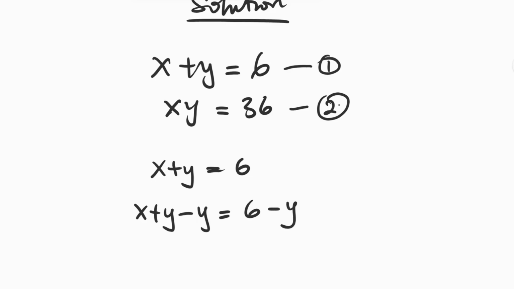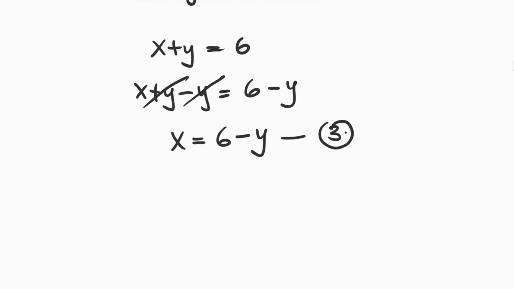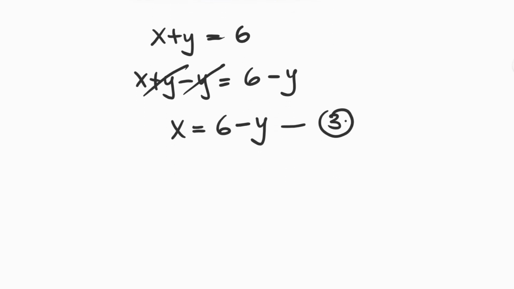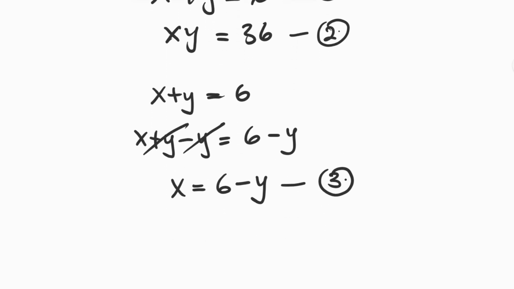Let's choose to subtract y from both sides. So we have x plus y minus y equals 6 minus y. Positive y and negative y cancel out, so we have that x is equal to 6 minus y. Let us call this equation 3.